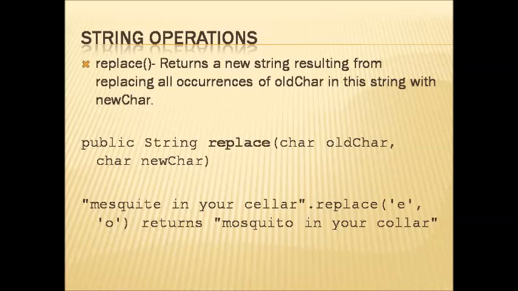In this example you can see that the old character mentioned is E, and it is getting replaced with the new character mentioned, O. So it will replace all the occurrences of E with the character O, and you can see the output on the screen.